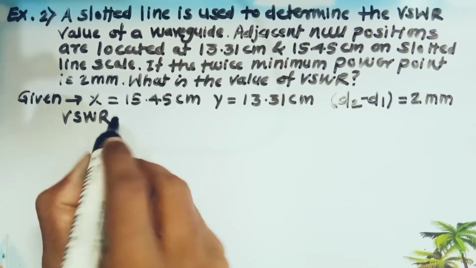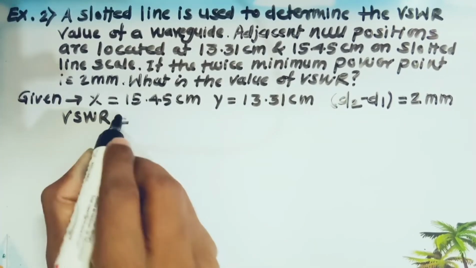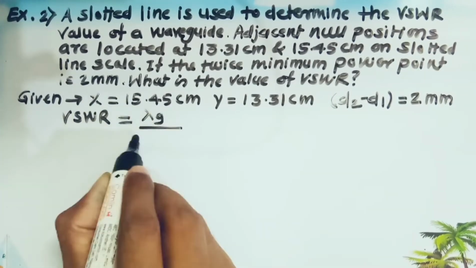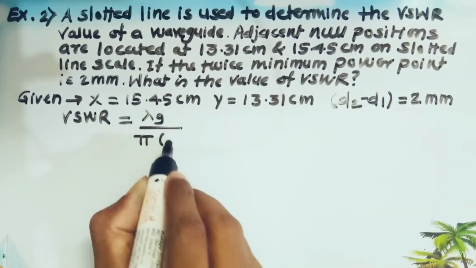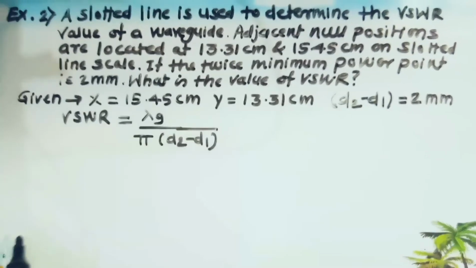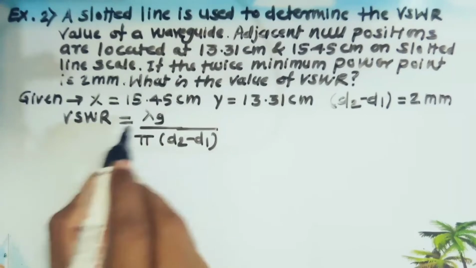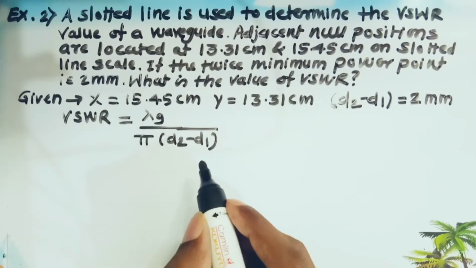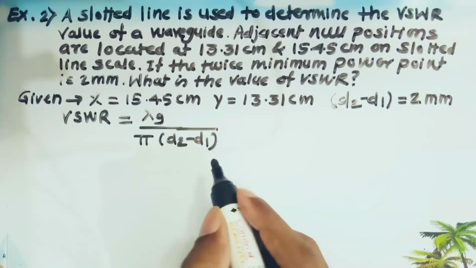So what is the formula for VSWR? It is lambda g divided by pi into (d2 minus d1). To find the VSWR, we need to find the value of the guide wavelength lambda g.